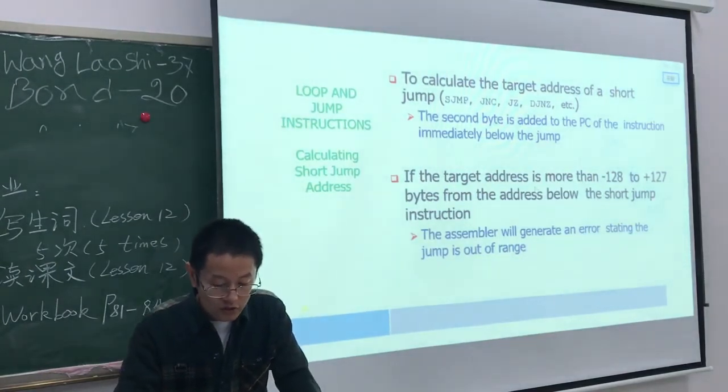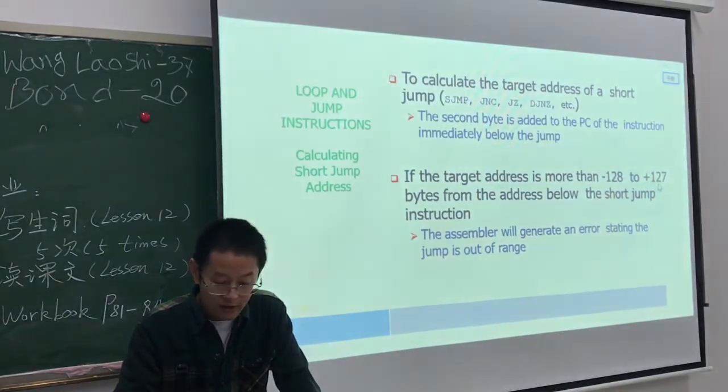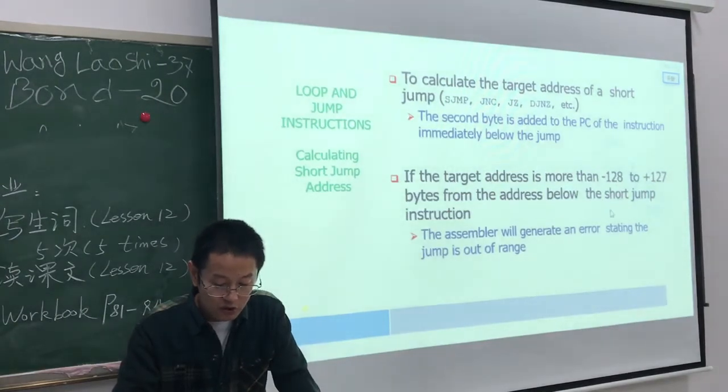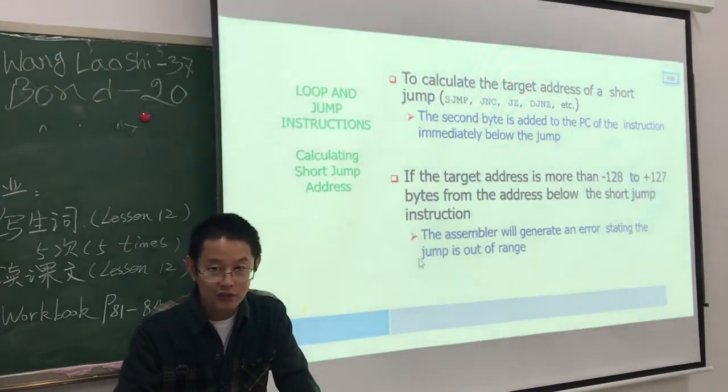If the target address is more than minus 128 or positive 127 bytes from the address below the short jump instruction, the assembler will generate an error stating the jump is out of range, which means you need to change your code to a long jump, not a short jump.